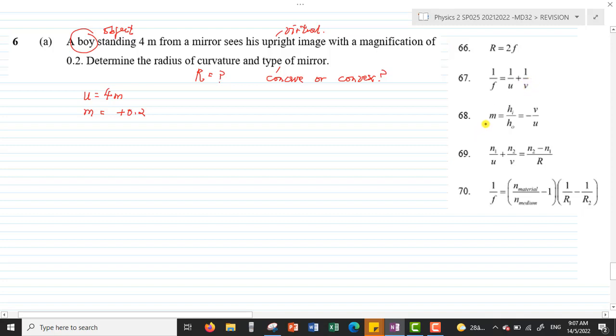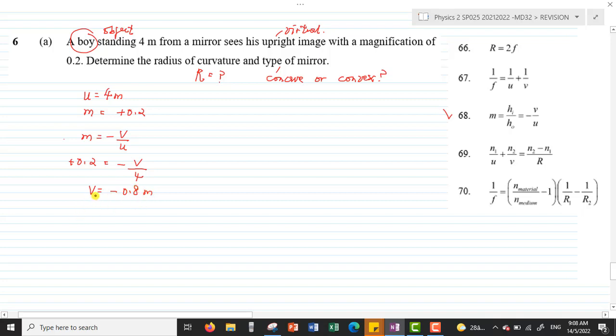We can determine the image distance from the magnification. I start with equation 68. Magnification is negative v over u. Our magnification is positive 0.2, negative v over our object distance of 4. So I get my image distance as negative 0.8 meter.